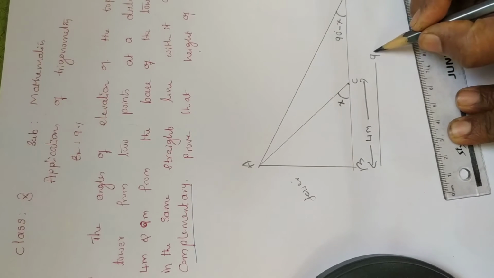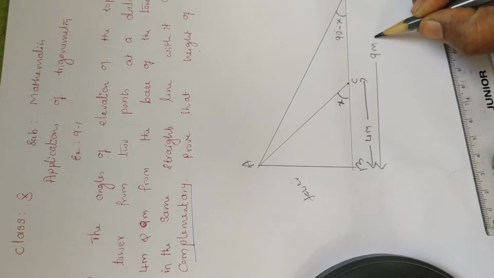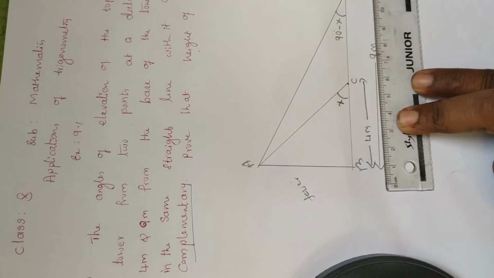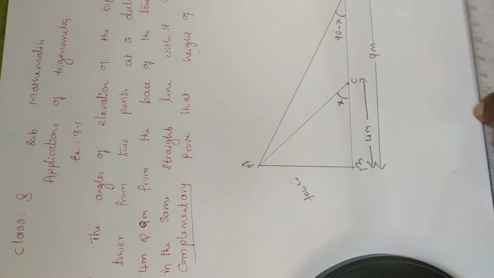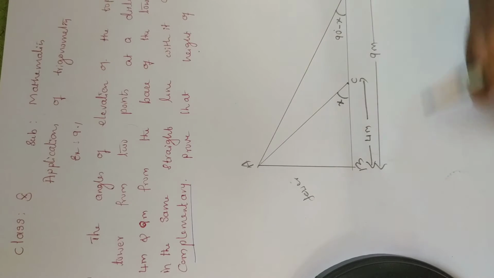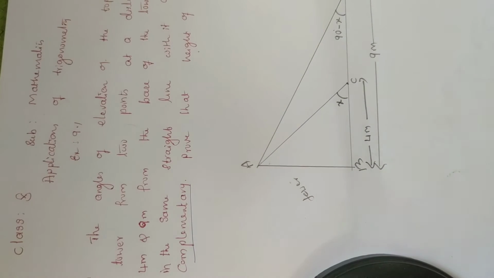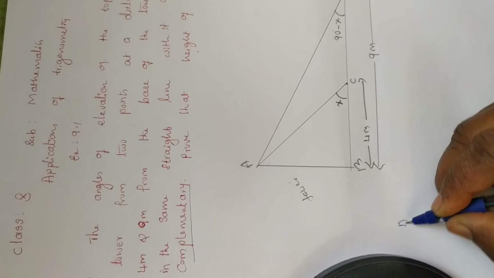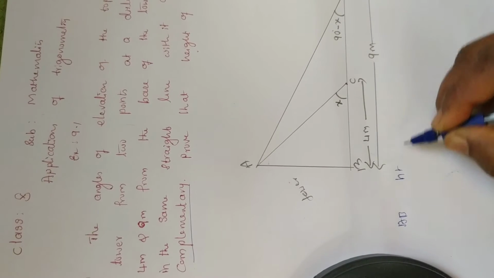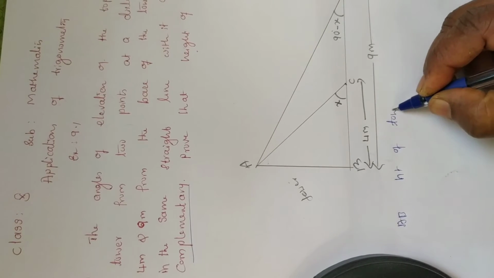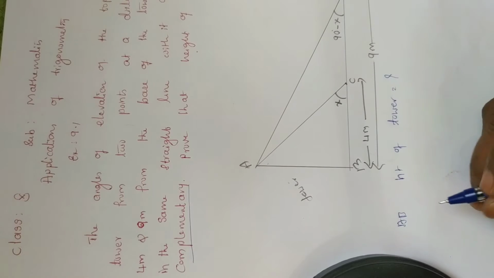This is equal to 9 meter. Diagram is completed. Once you complete the diagram, then you can solve the given question. So very clear. Let AB be the height of the tower.